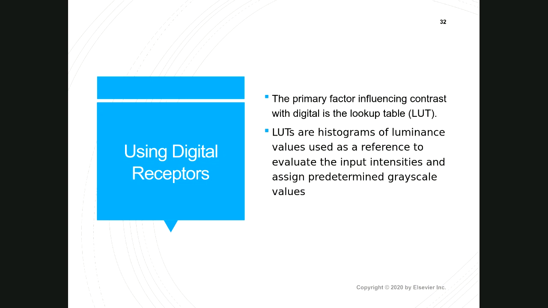Again, the lookup table and the automatic rescaling are point processing functions that take place before you see the image. So it's not something you control. It's computer programming built in while the processing is taking place. Those two things occur.